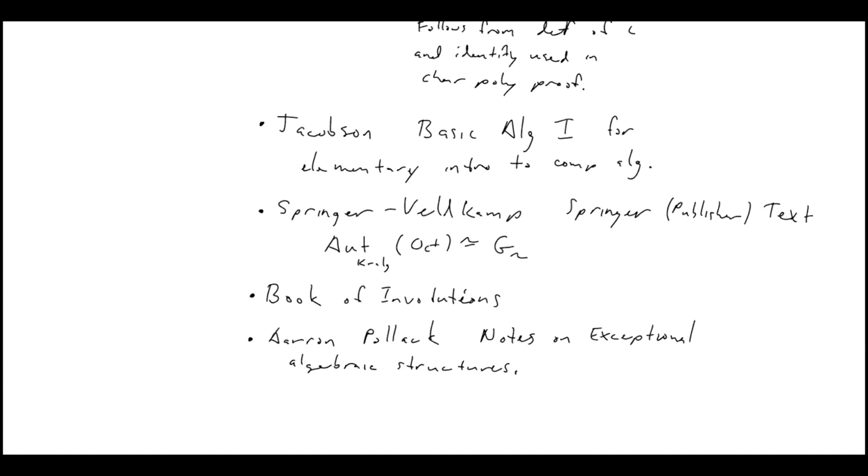All right. Okay. So now I'd like to turn to the proof that the automorphism group of the octonions is isomorphic to G2. And so, all right, let me move on to a new page.